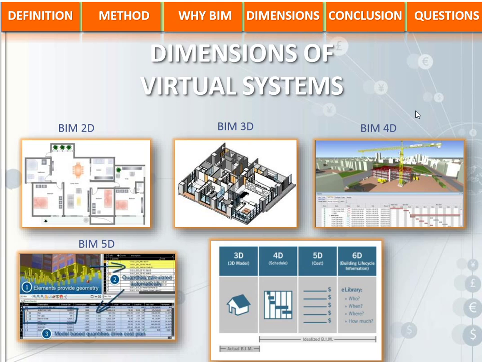Now we get 5D, BIM 5D, where we can add costs also in a semi-automatic way, and then that data can also be exported to other software, procurement, Excel, etc. There are even people in Spain that talk about BIM up to dimension 21D. But right now in Australia we're talking about 4D and 5D integration.